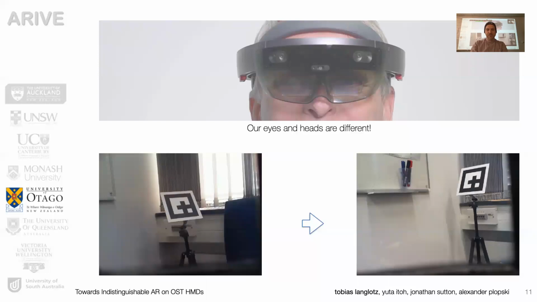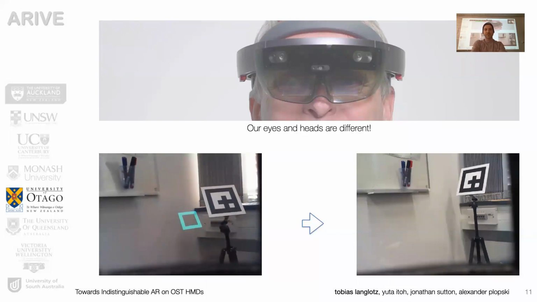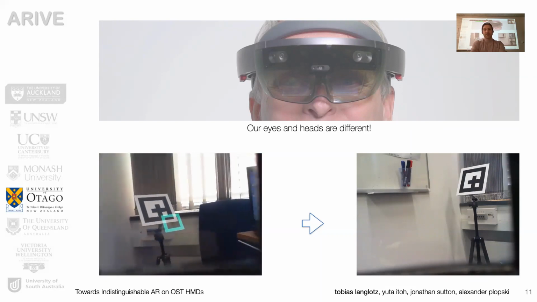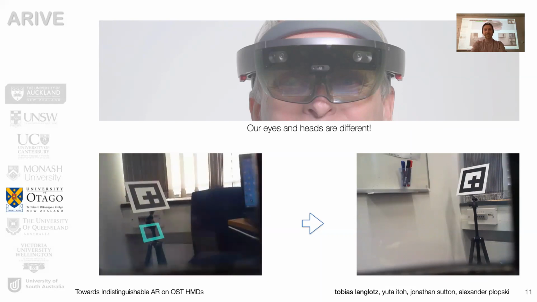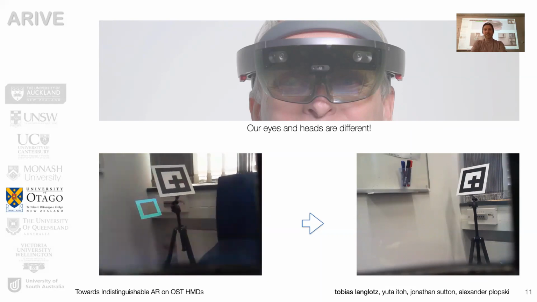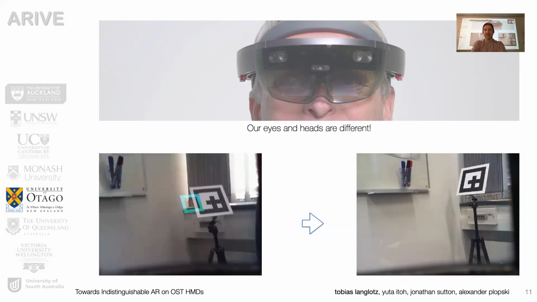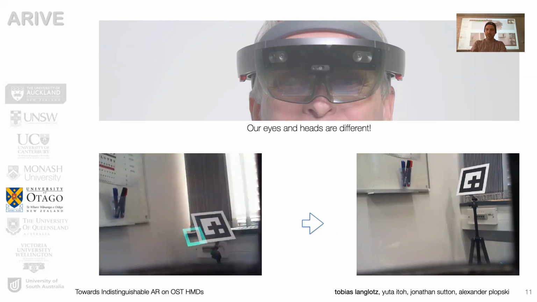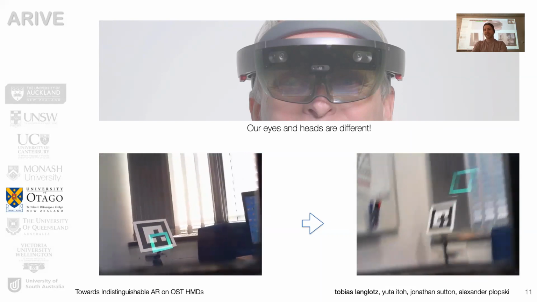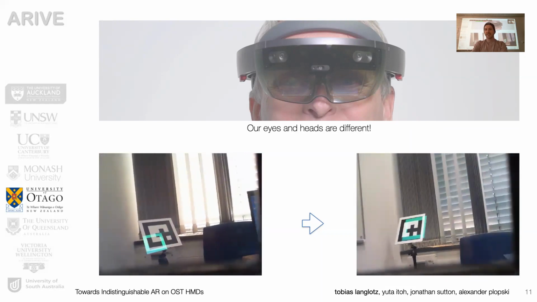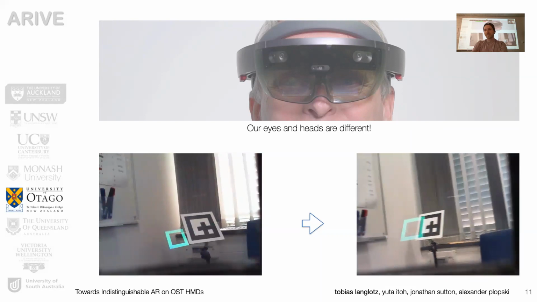So these videos that hopefully run show this. They have more than just a misregistration, they also have latency. But what you see is that you want this overlay to be on top of that marker, but it never really aligns. It's just roughly there. What we want, even in the case here in that video of latencies, is that, like on the right-hand side, it snaps back as soon as we stop moving.